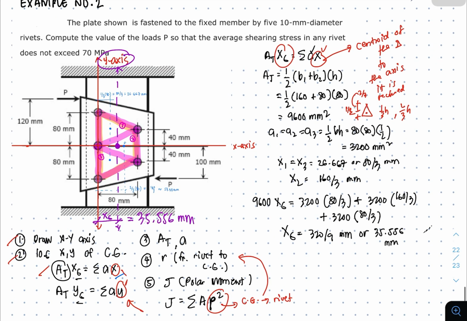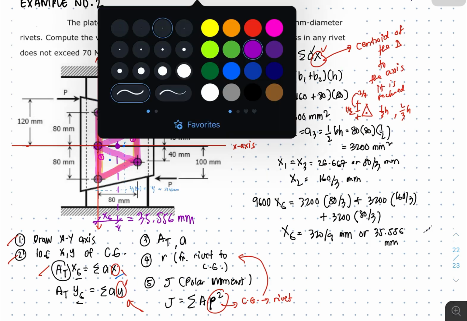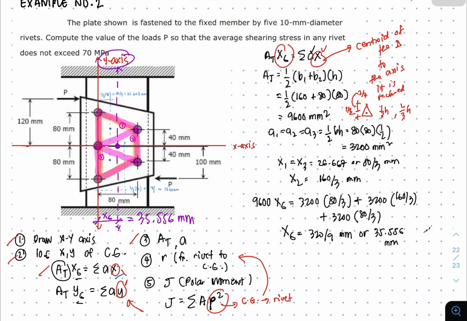So we already made use of step 3, and right now we need to solve for step 4. And what is step 4? Step 4 is simply to solve for the distances from the center of gravity to the location of our respective rivets. I'll show you what is in step 4.